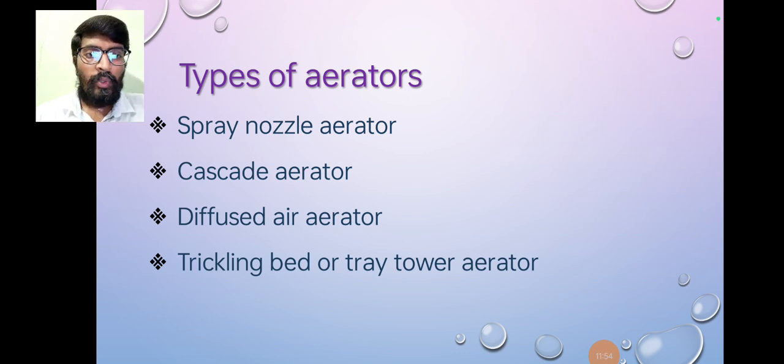This method is most suitable for low-category industries. The efficiency of the tray tower aerator is greater than the cascade aerator. So these are the types of aerator.